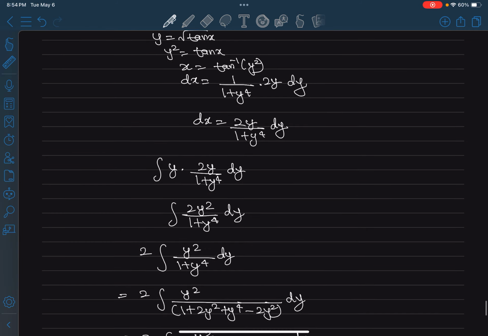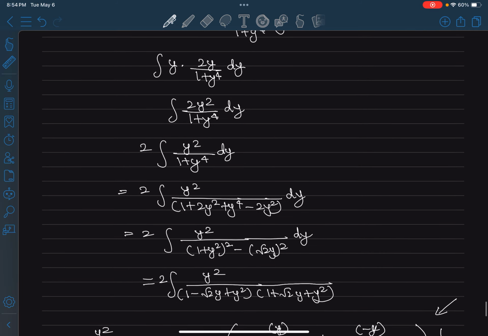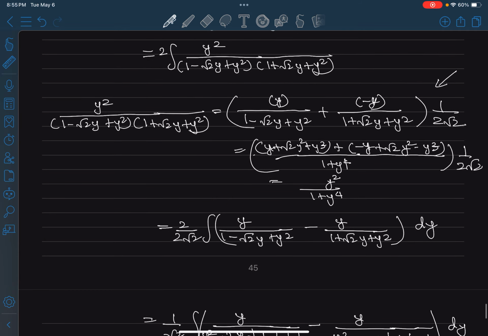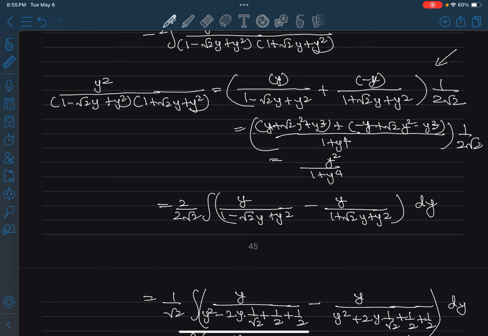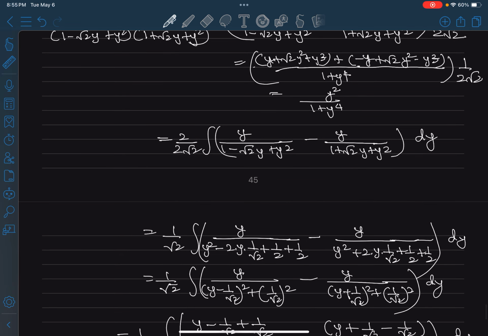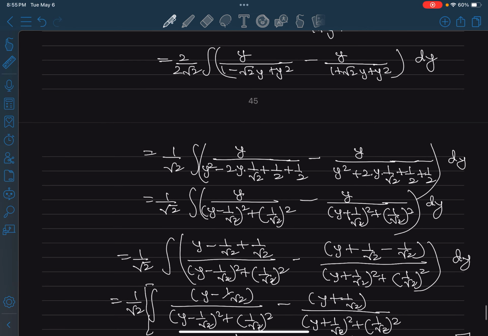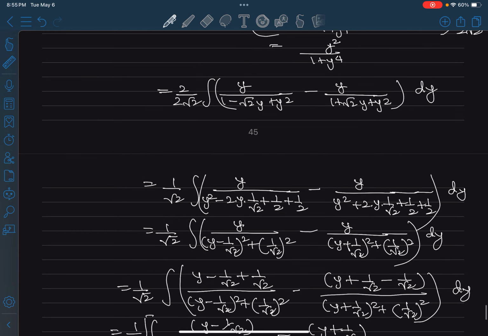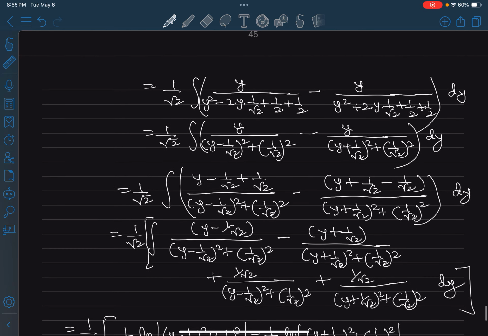First of all, we made a u substitution, and then it reduced the algebraic problem, and then we factorized 1 to the power 4. And then the partial fraction was just made by observation rather than going rigorously, I mean, rather than using the analysis. And then there was 2 root 2, 1 by root 2 over there.